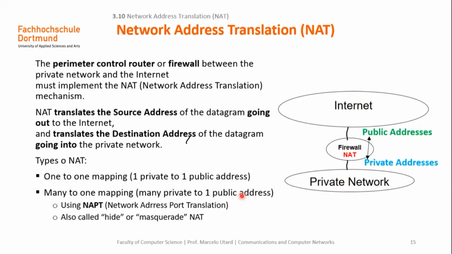And in that case, we will use the port numbers. We use a mechanism called NAPT, that is Network Address Port Translation, that is also called hiding or masquerading NAT.